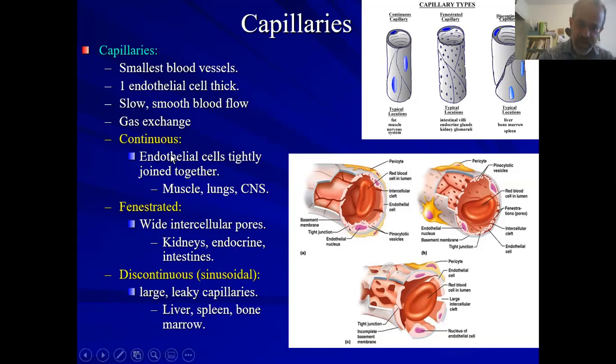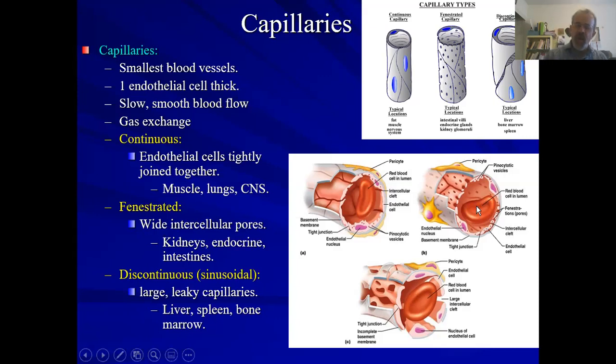It's called continuous. The next type of capillary is called fenestrated, and it's called fenestrated because we have these little pores, which are known as fenestrations, which allow larger molecules to pass through. You can kind of see it here. Kind of looks like Swiss cheese.